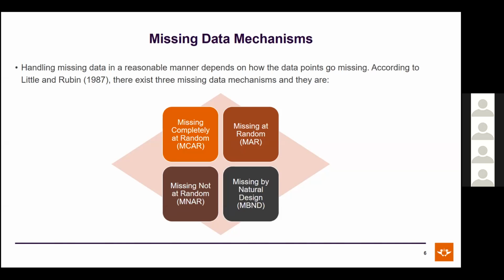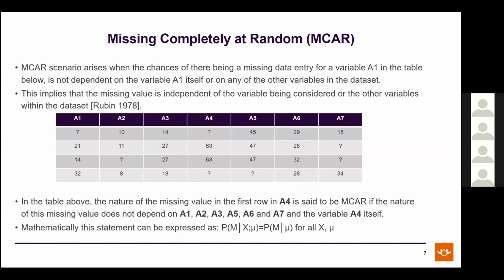So you have missing completely at random, missing at random, missing by natural design, and missing not at random, which is also the non-ignorable case. So we're going to look at those different mechanisms of missing data.